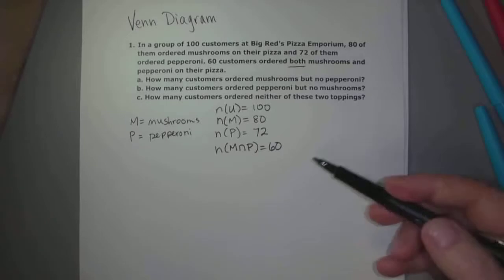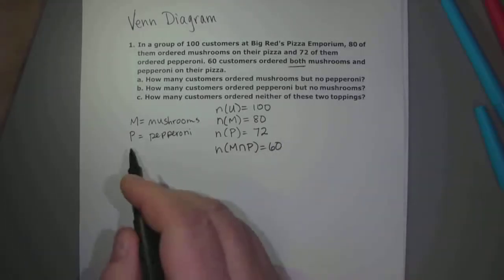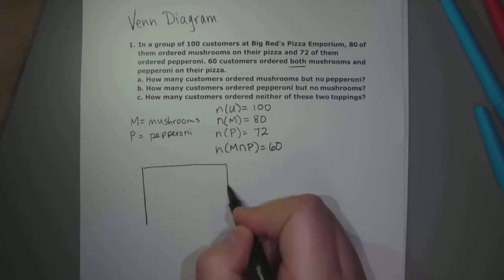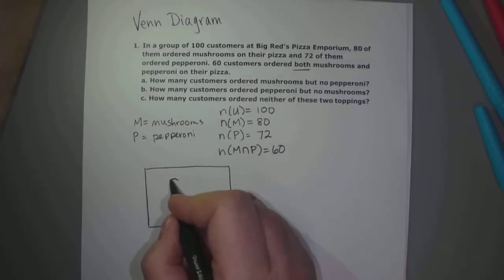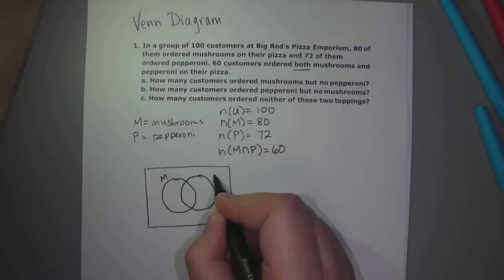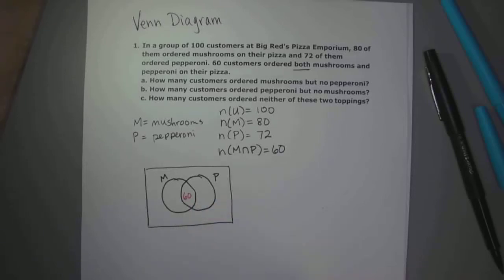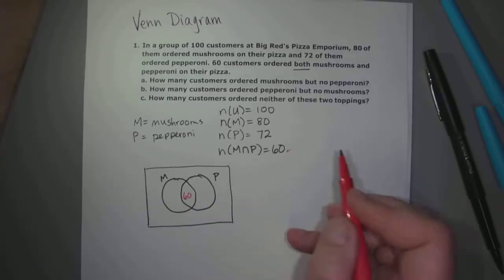So altogether it's 100. You notice they add up to more than 100, so that looks like it's not quite right, but what happens is that a lot of these overlap. So if we say this is the mushroom and this is the pepperoni, then in the intersection is both mushrooms and pepperoni.